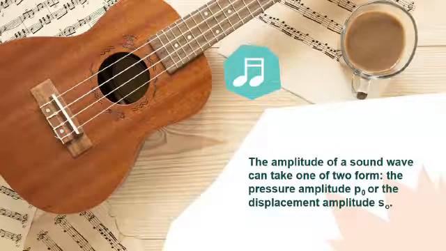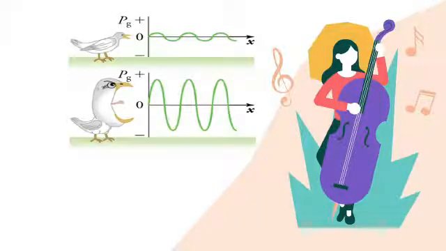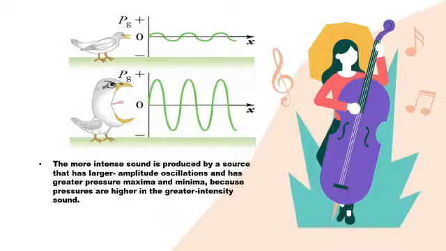The amplitude of a sound wave can take one of two forms: the pressure amplitude, P0, or the displacement amplitude, S0. From this diagram, the more intense sound is produced by a source that has larger amplitude oscillation and has greater pressure maxima and minima, because pressures are higher in the greater intensity sound.